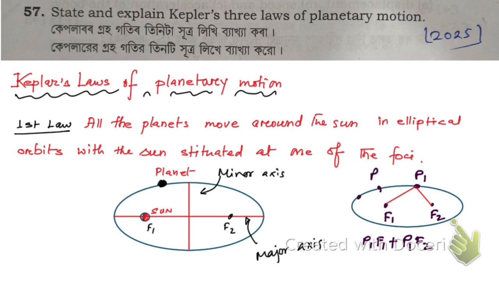Suppose we have another point P2: P1F1 plus P1F2 must be equal to P2F1 plus P2F2. Similarly, for one more point, the sum of distances to the foci is also equal. Hope you have understood this. Then it will be called an ellipse.